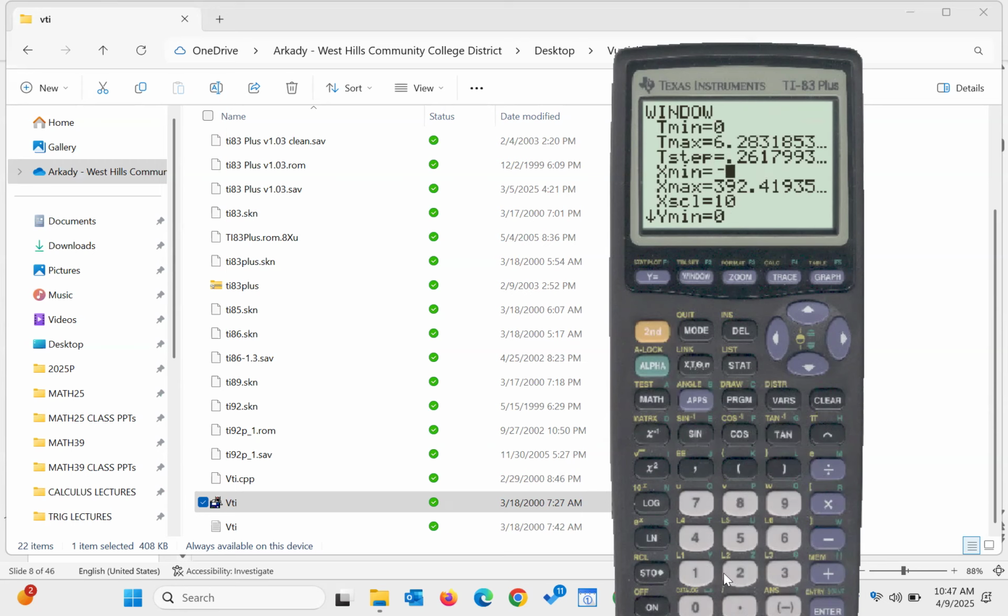I'm going to do negative 150 first, and then 150, and then I'll make it a square and we'll just keep the square as is. 10. That's cool. Negative 150. 150. Cool. And then by 10.